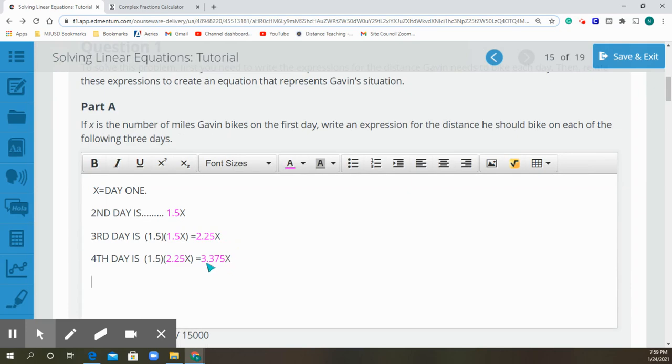Since the goal and the total distance he should bike over the 4 days must equal 65, the total mileage needs to be 65 miles.